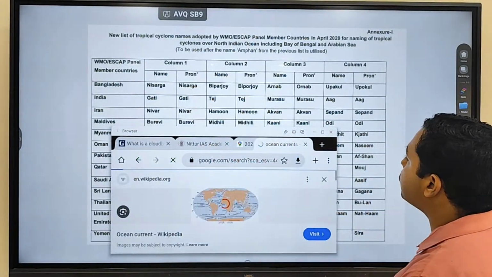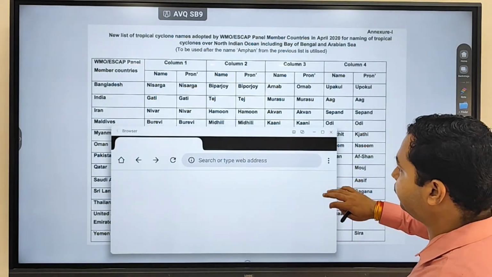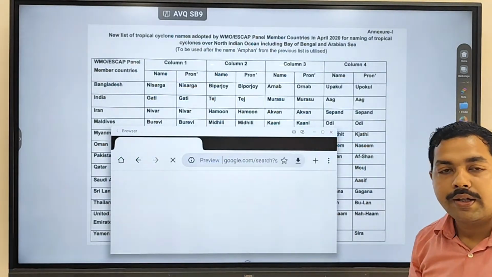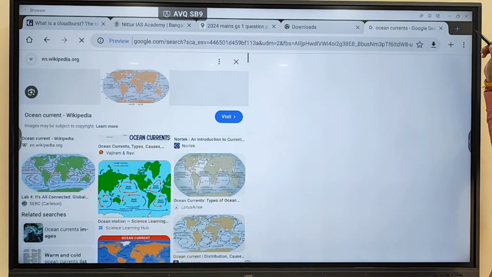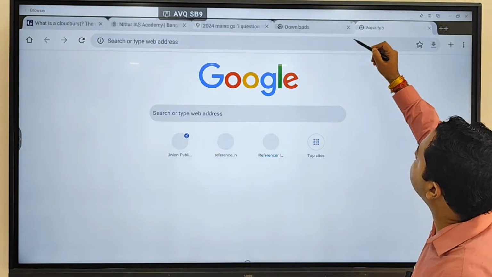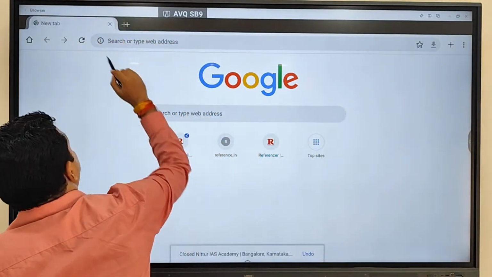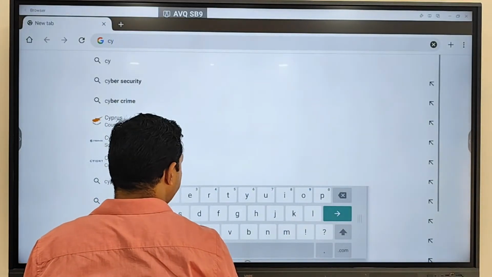So we discussed the most recent are Fengal and Shakti. Cyclone Shakti has occurred this year in the month of May, while Cyclone Fengal occurred last year in the month of November, December.